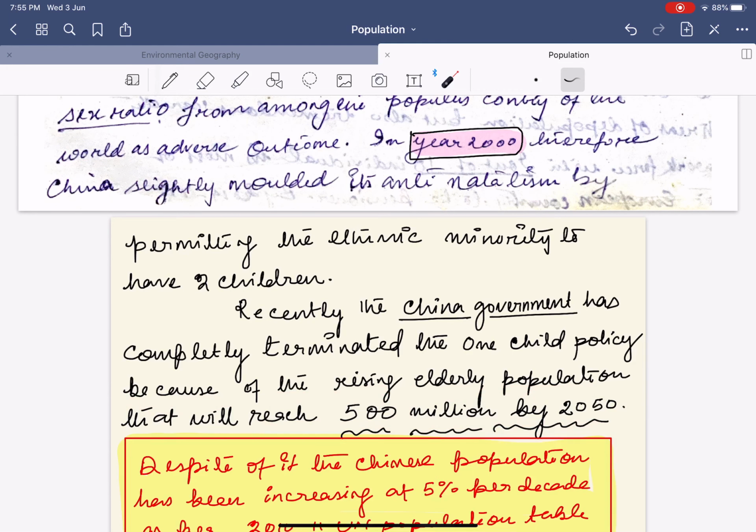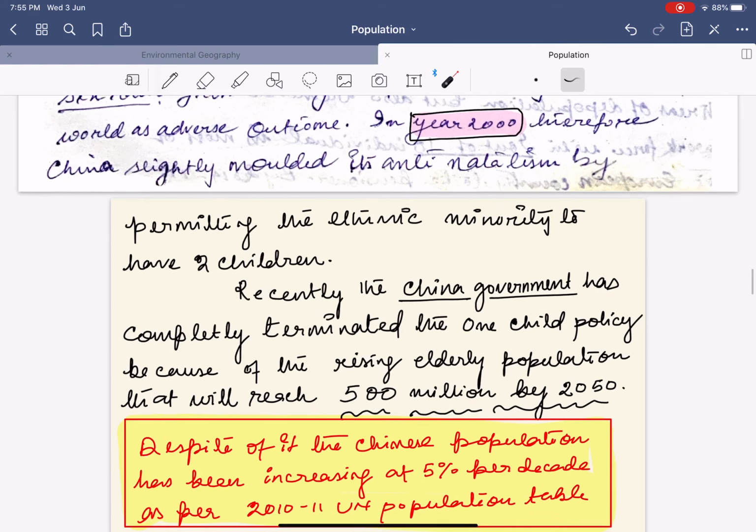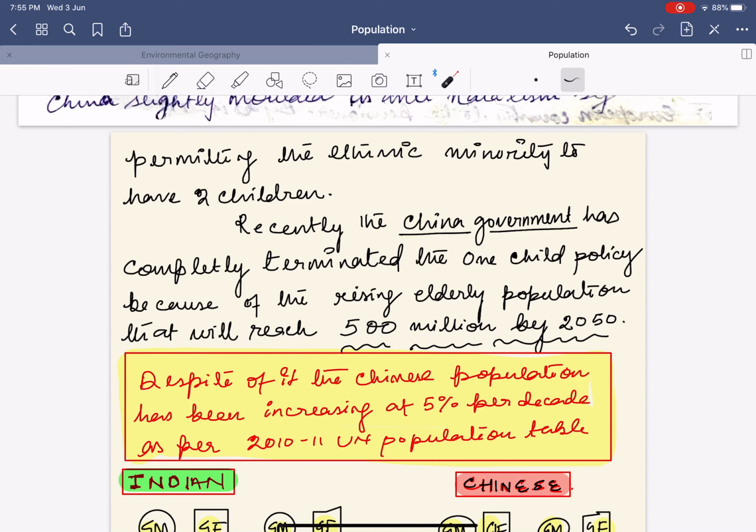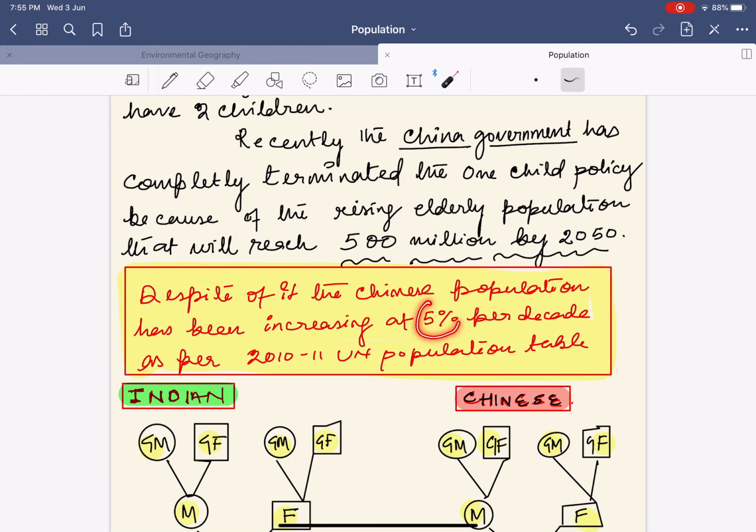Now China has realized this, and only now has it said that we will no more implement this one-child policy. Despite this, the Chinese population has been increasing at a rate of only 5% per decade, as per the 2010 to 11 UN population table. You can add this over here.